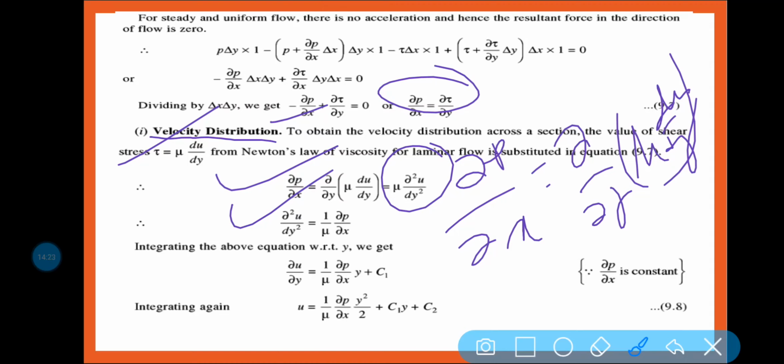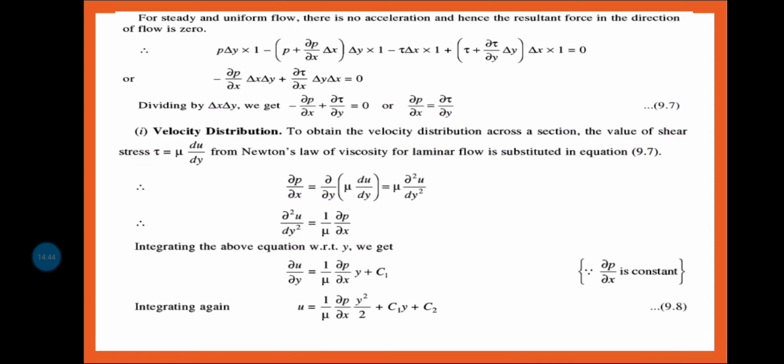So this 1 by mu del p by del x is the velocity distribution. Now we need to integrate this part, because ultimately we need to find the velocity. This is your equation.